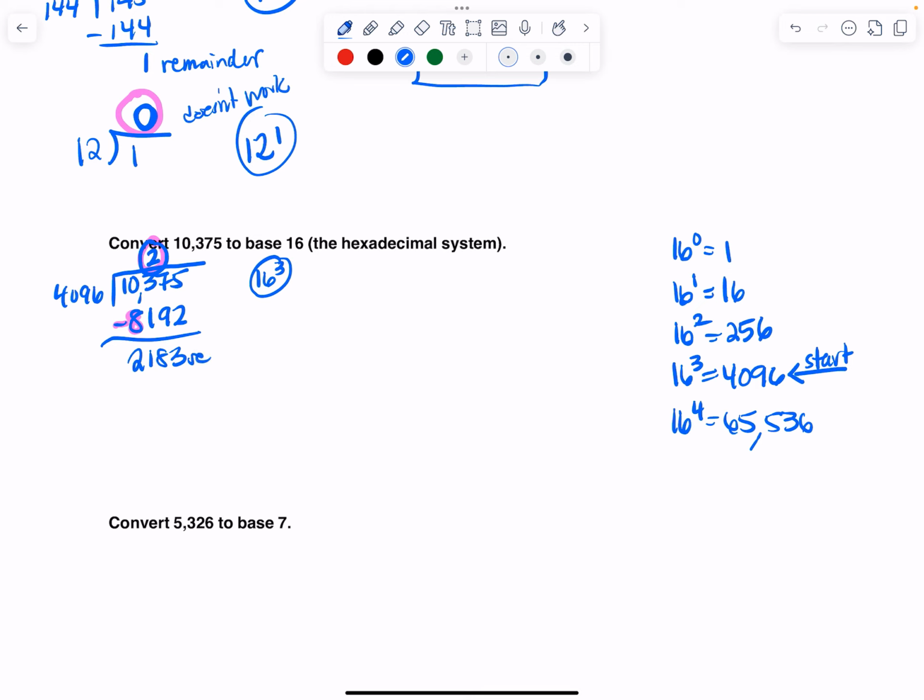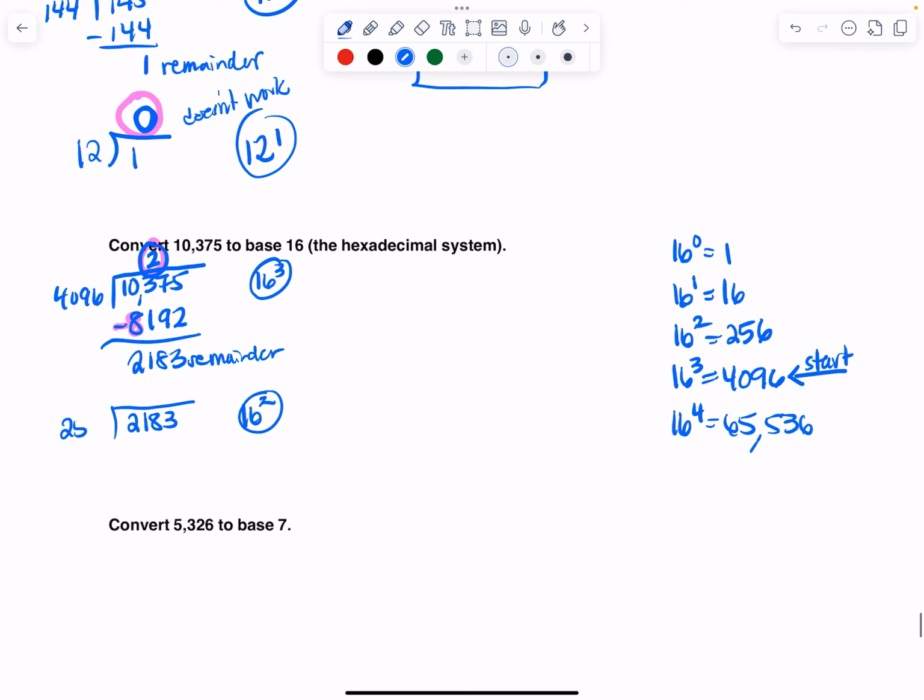So this is my remainder. Okay, so my remainder, I put the division bar over that, and now I'm on 16 squared. So 16 squared is the next positional value down, and that's 256. Okay, so now I'm going to take 2183 and divide it by 256. So let me do that.